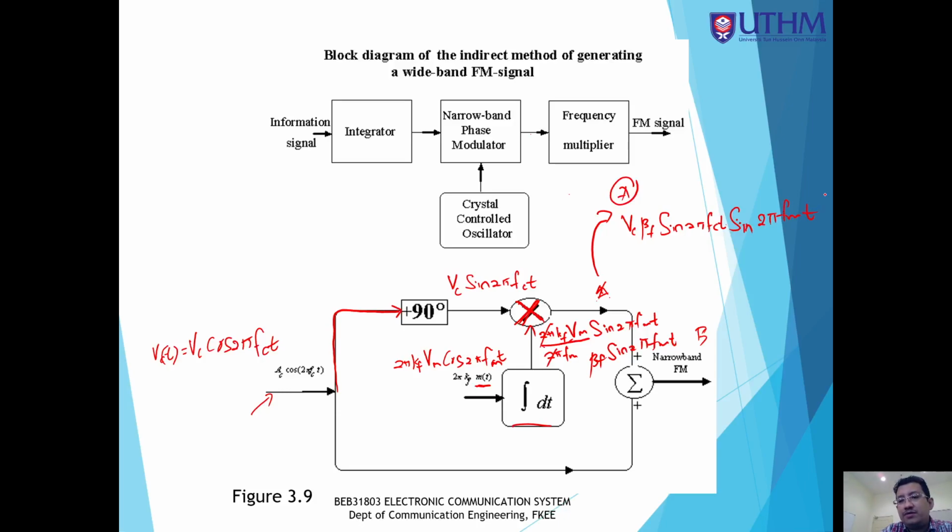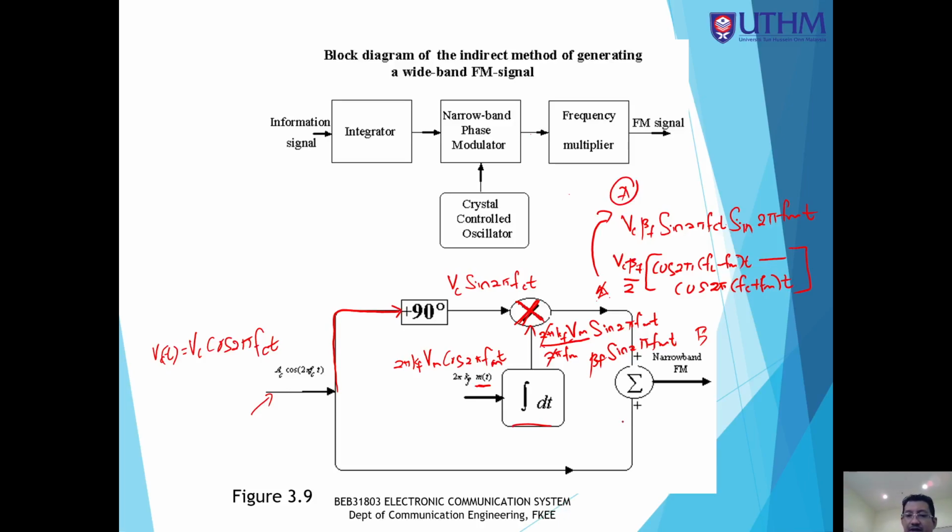According to the trigonometric identity, we can rearrange the equation to become Vc beta f over 2, cos 2 pi (fc minus fm) t minus cos 2 pi for the upper sideband (fc plus fm) t, close bracket. So this is at point A.